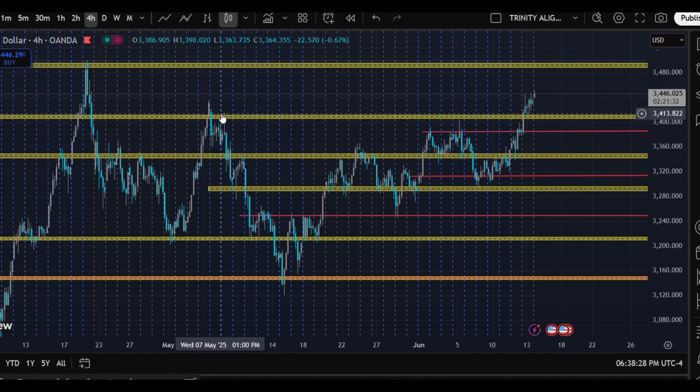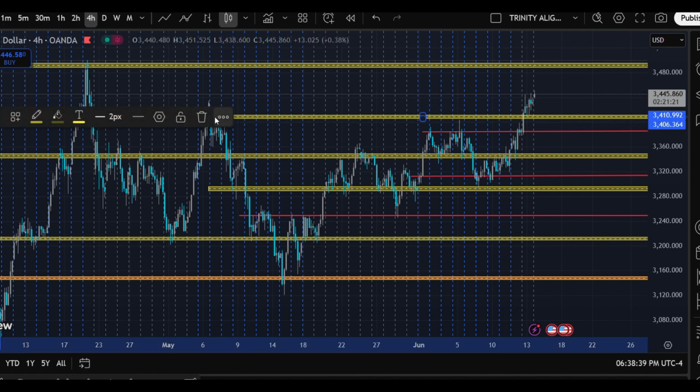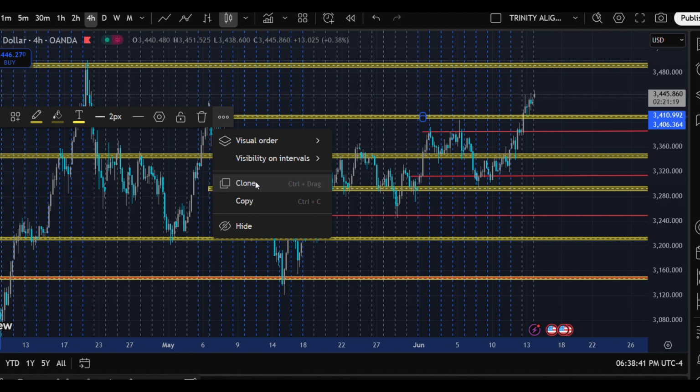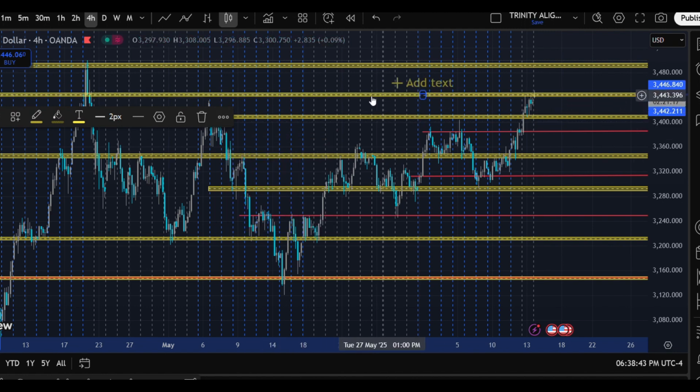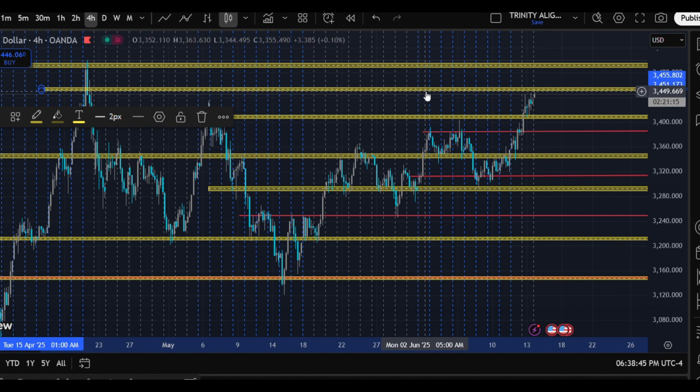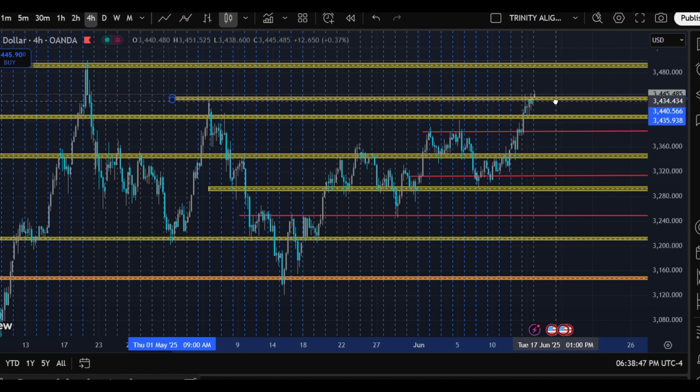I see that into this area. And then to the highest portion right here in the interior. So clone this, bring it down, bring it down, bring it down, and then here we are.